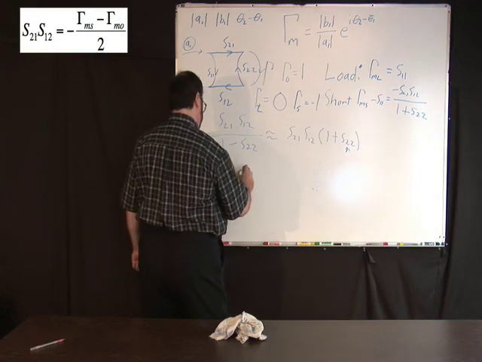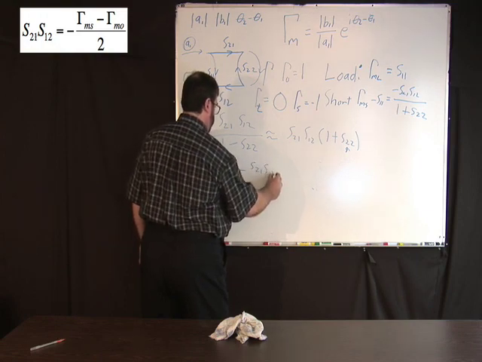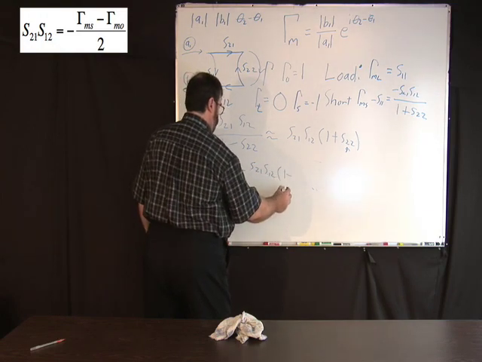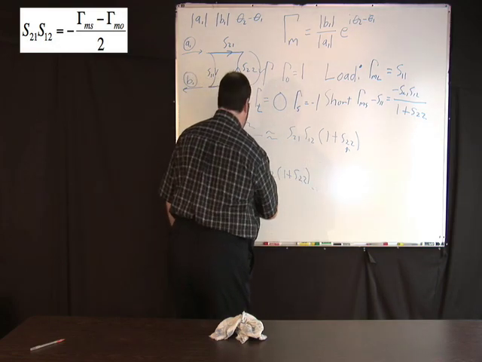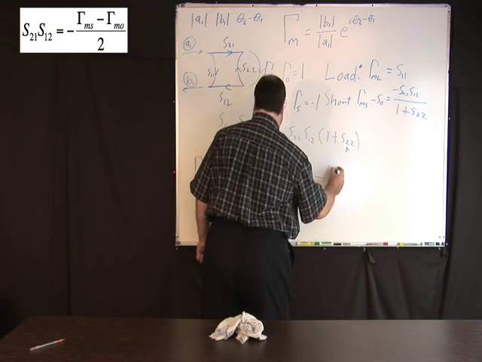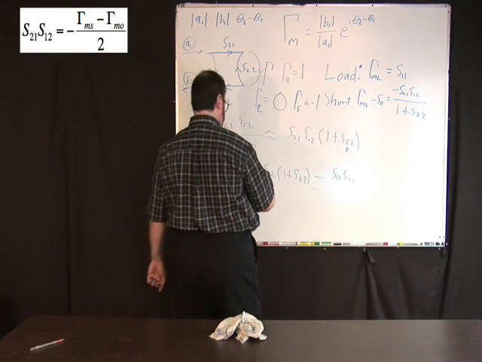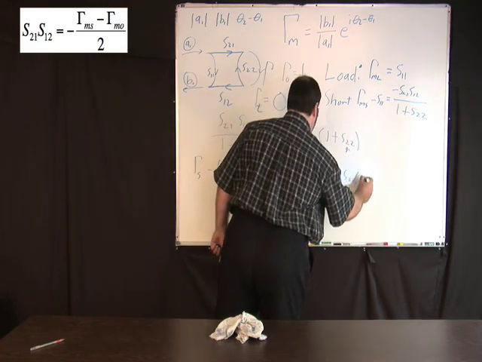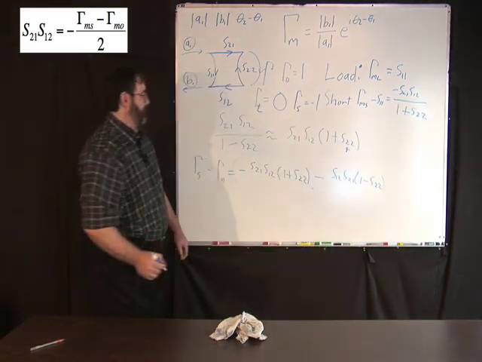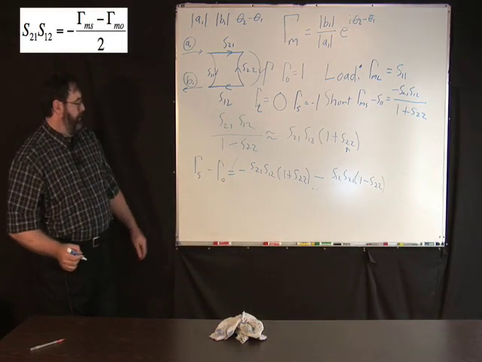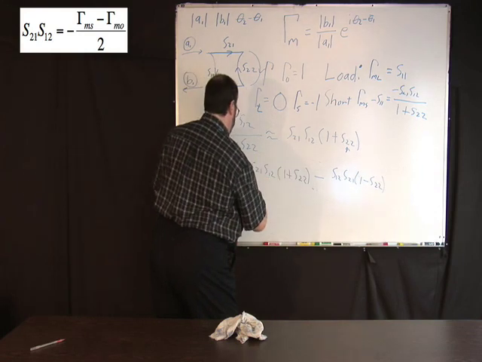this equals minus S21 S12 times 1 plus S22, minus S12 S21 times 1 minus S22. So by taking their differences, these are the same, so you can factor that out.